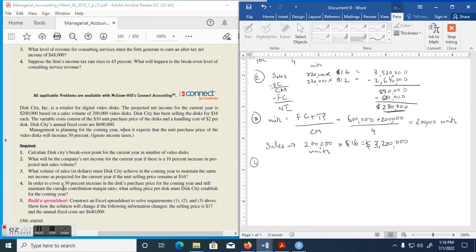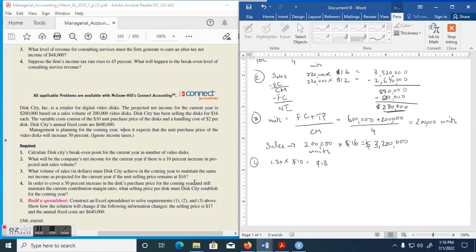So what we want to identify is that our purchase price for the disc is going to increase. So originally the purchase price of the disc was $10. So if this increases by 30%, we'll do 1.30 multiplied by $10. This gives us $13. This becomes our new purchase price as a measure of our variable cost.